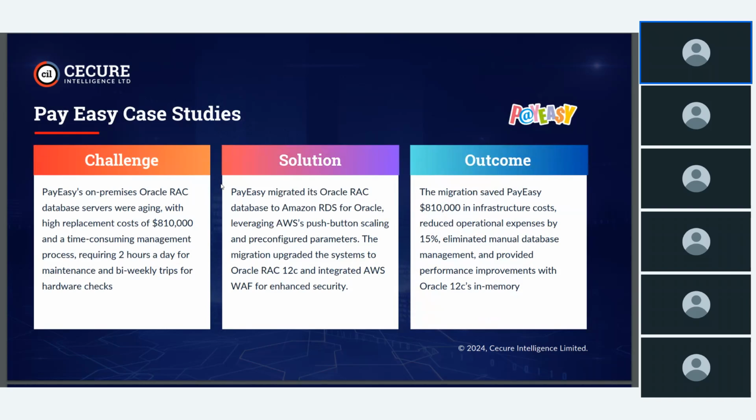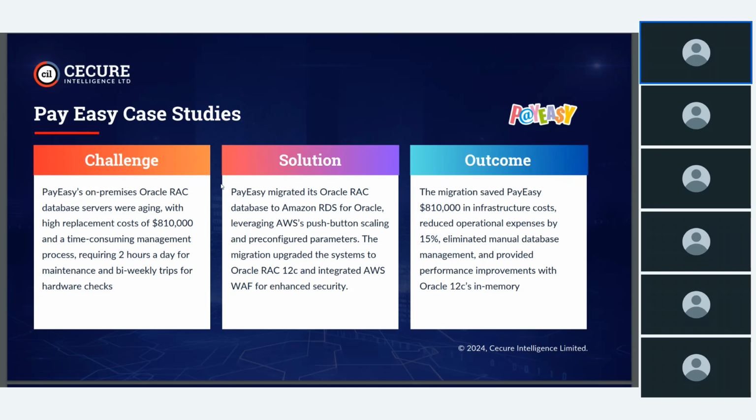PayEasy had some aging databases that needed to be replaced almost immediately, and it was going to cost $810,000, right, which is a lot. They would also have to maintain it 2 hours a day, bi-weekly, and monitor it and check the hardware and all of that.